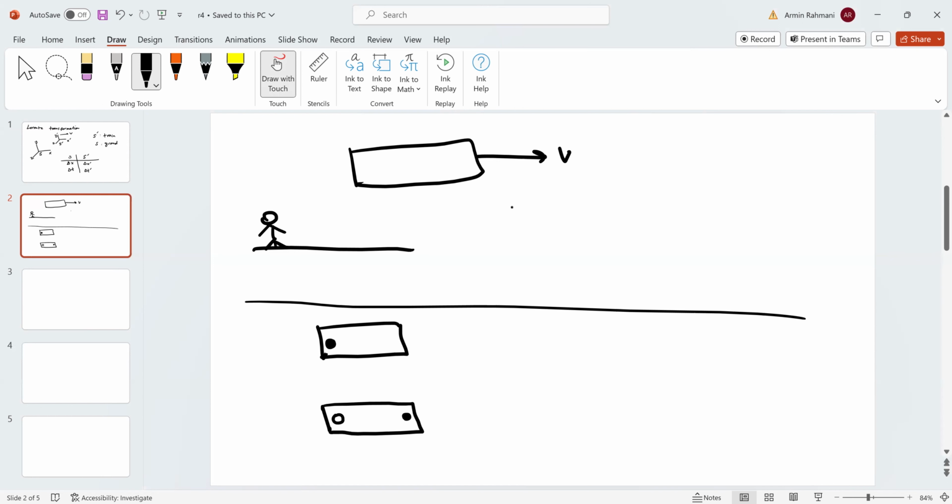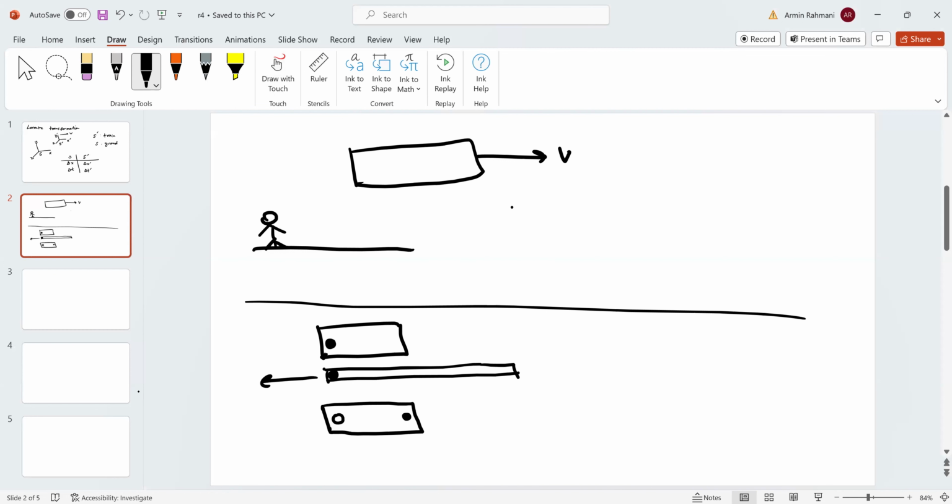The ground is moving with velocity v to the left in this frame, right? So let's say that's the ground here. That's like a platform. And it's moving this way. Let me just draw it over here. So that's my platform. And it's moving that way. And when that happens, there's going to be a mark on the ground.